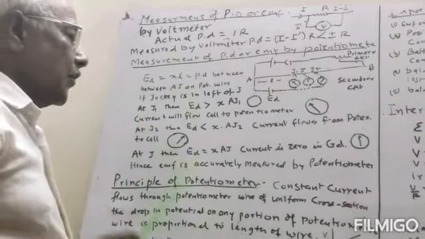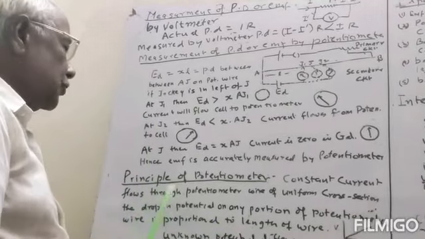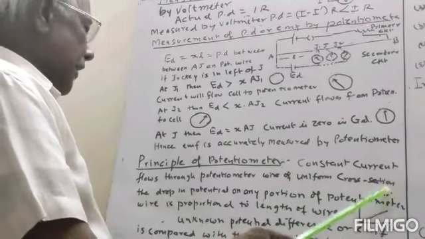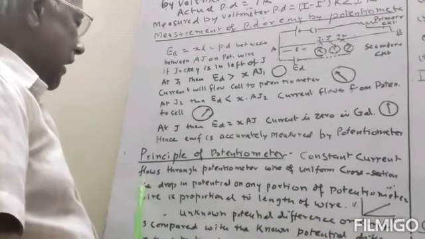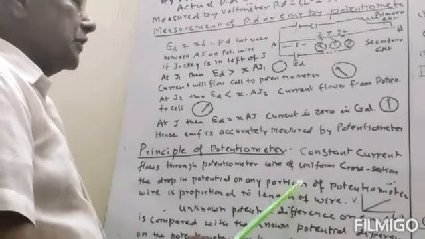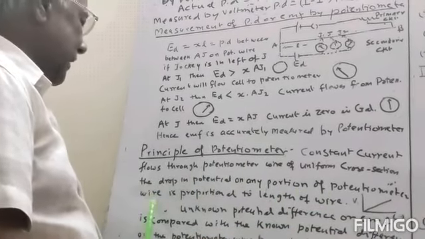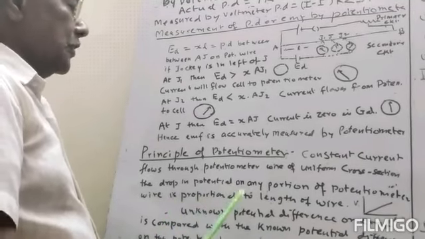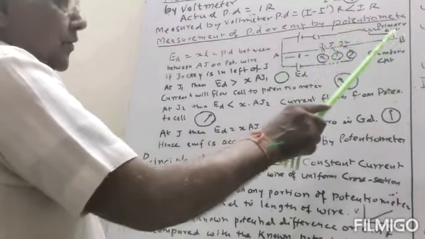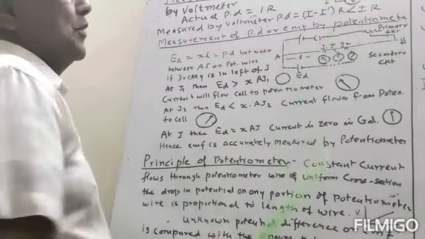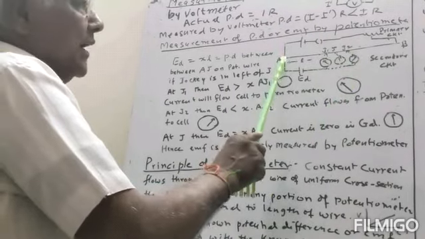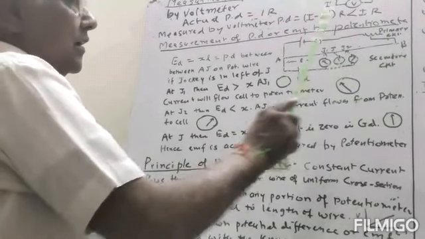If a constant current flows through the potentiometer wire of uniform area of cross section, then the drop in potential on any portion of the potentiometer wire is proportional to the length of the wire. If it is the potential difference between A and B, what will be the potential between A and B? It will be equal to X multiplied by this total length AB.